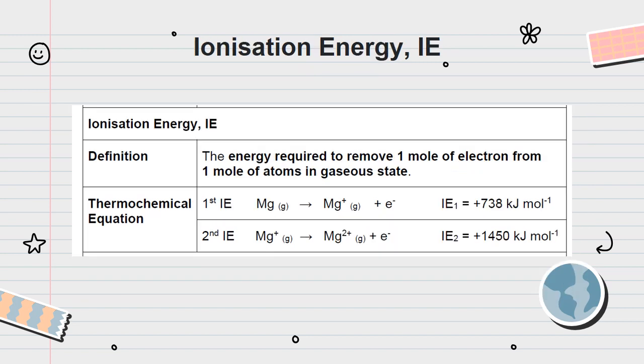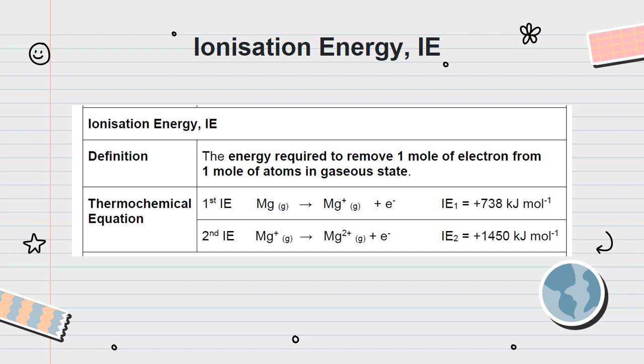So, let's see the ionization energy. Just now we learned electron affinity, which means attracting electrons. But for IE, ionize means we are removing the electron. I believe we have learned about ionization energy in semester 1. I hope you still remember. So, let's see the definition.